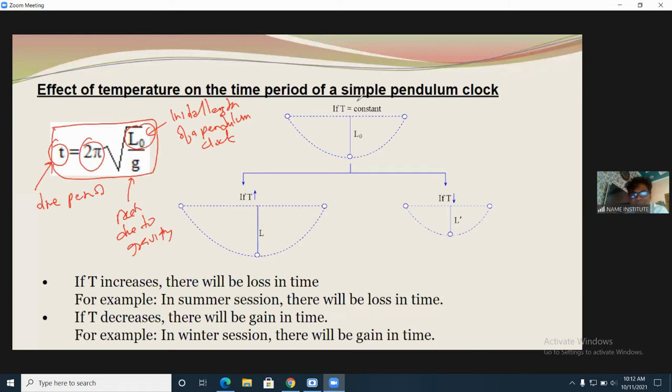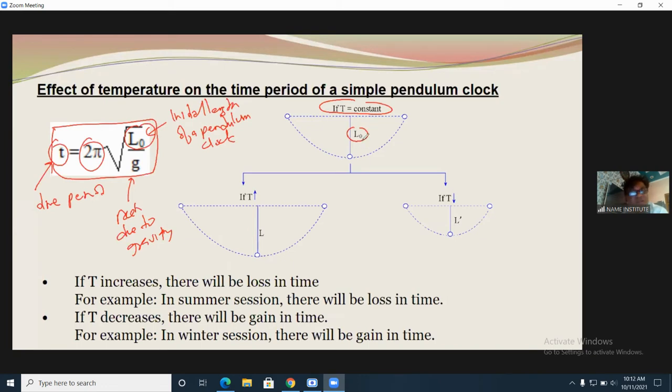Listen, if the temperature is constant, the length of the pendulum clock is also constant. So if the temperature is constant, the length is also constant, and there will be neither loss nor gain in time, because the length does not change.